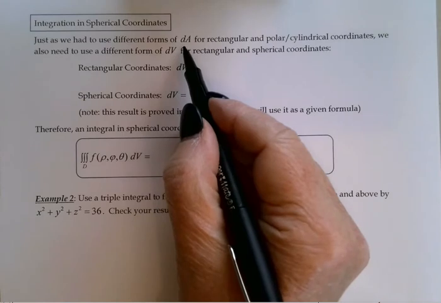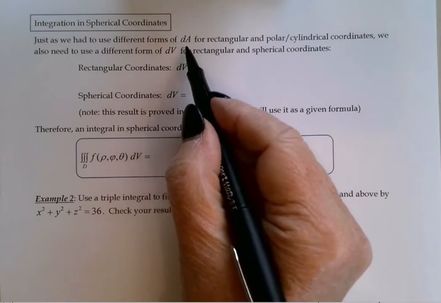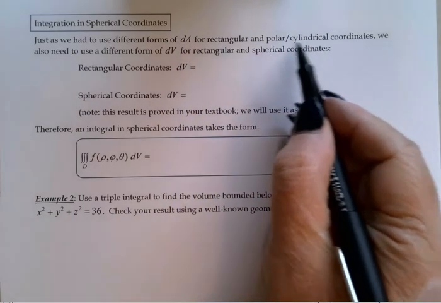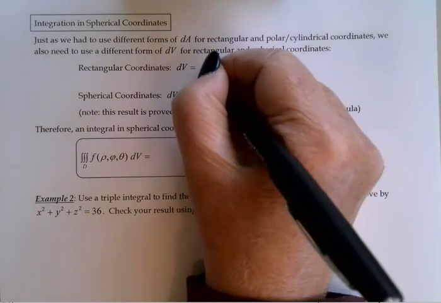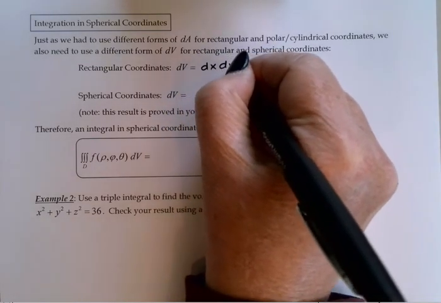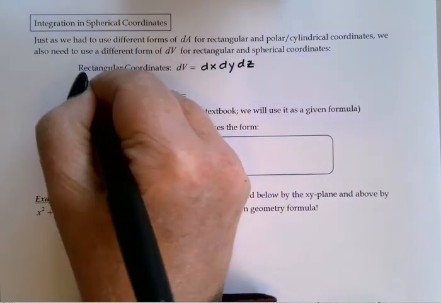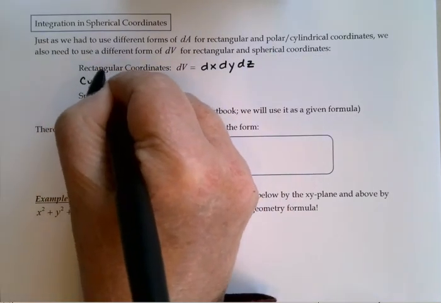Just as we had to use different forms of dA for rectangular and polar and cylindrical coordinates, we're also going to need a different form of dV for rectangular and spherical coordinates. For rectangular, dV was dx, dy, dz. I'm not quite sure why I didn't put it in here, but let's squeeze it in.